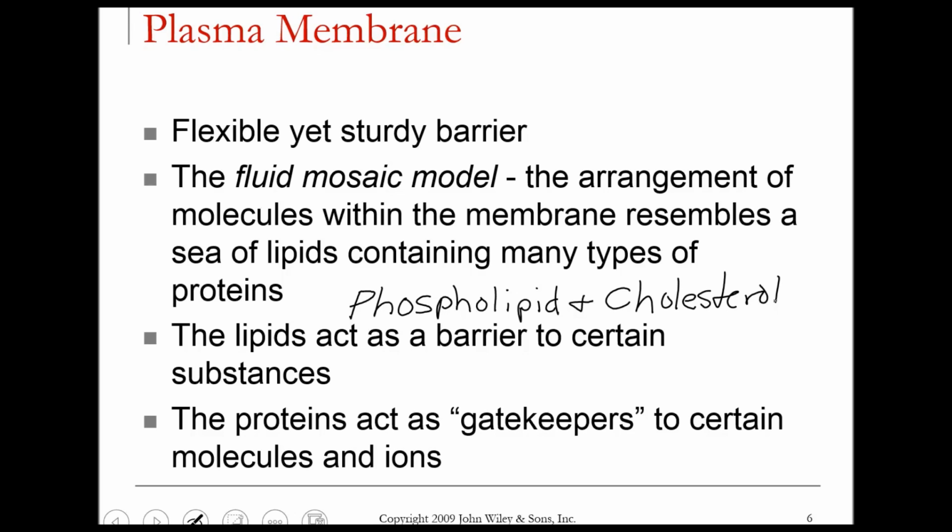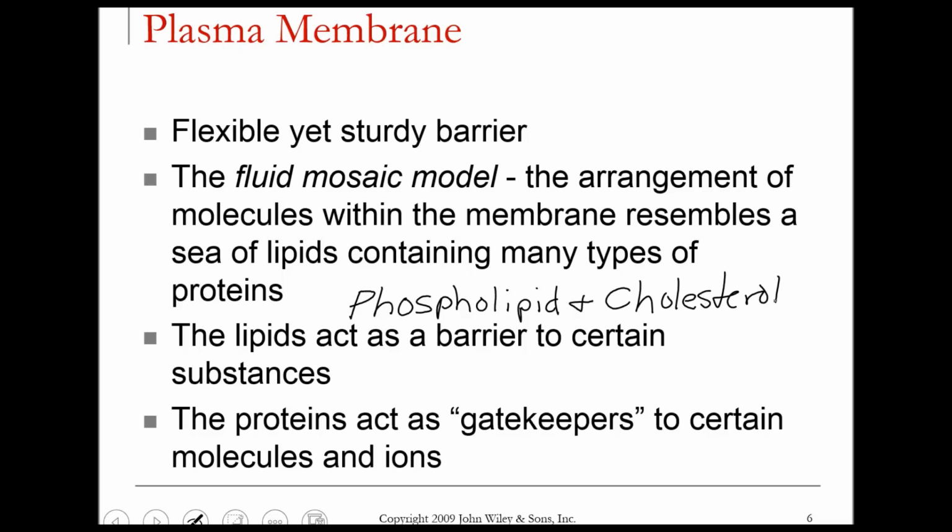Phospholipids and cholesterol, both are lipids, and lipids hate water. So any molecule that is very polar, such as an ion, cannot pass through this lipid barrier. Also, molecules that are too large, like starch or glycogen, which are both examples of polysaccharides.